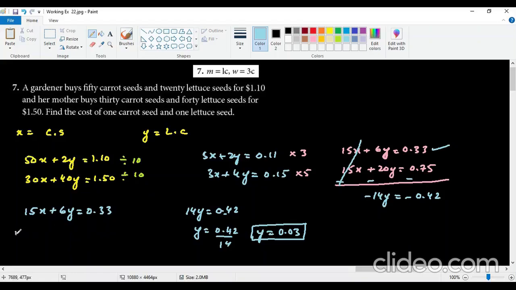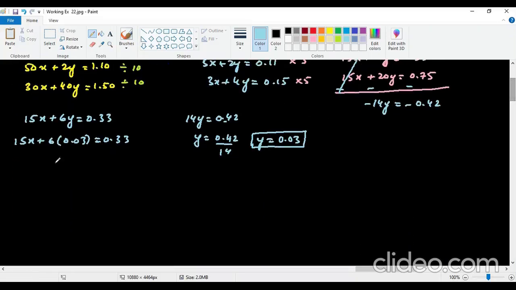So 15x plus 6 times 0.03 equals 0.33, and when I multiply 6 by 0.03, it's going to give us 15x plus 0.18 equals 0.33.